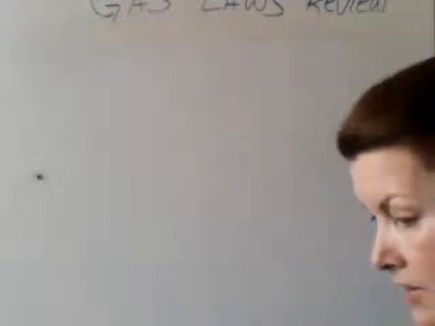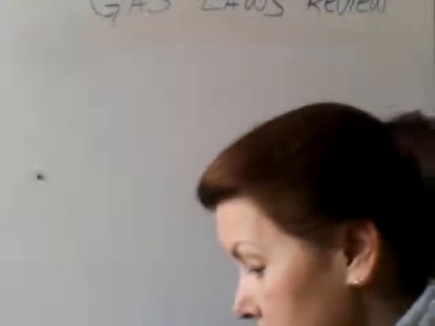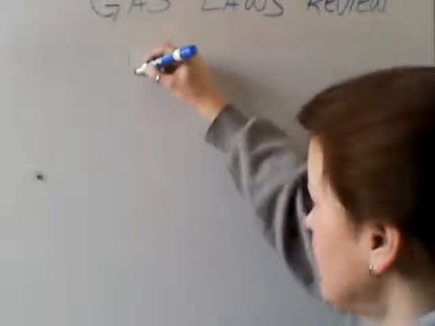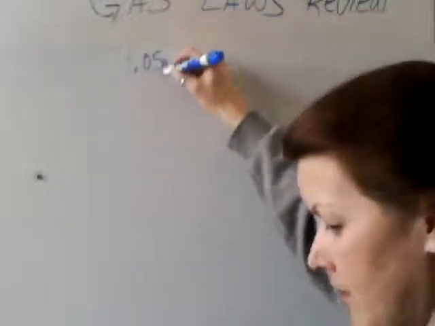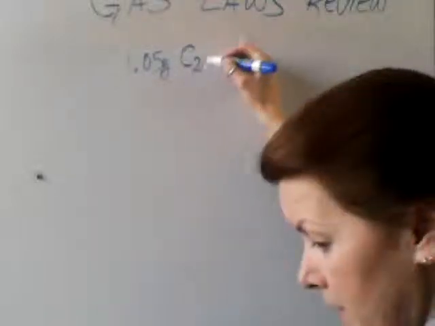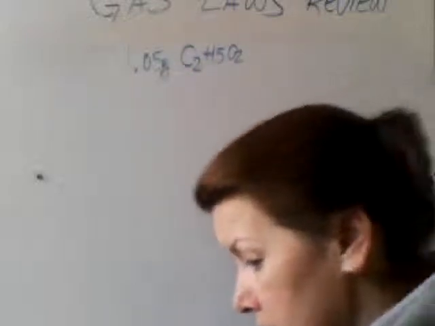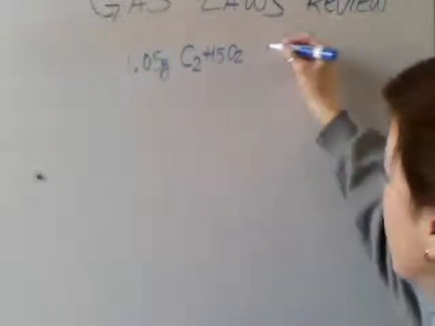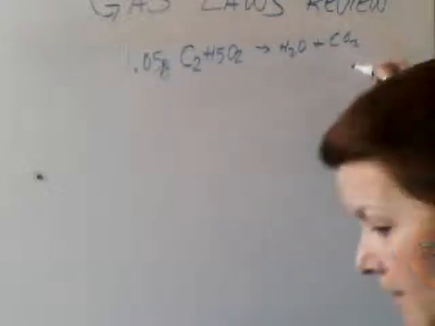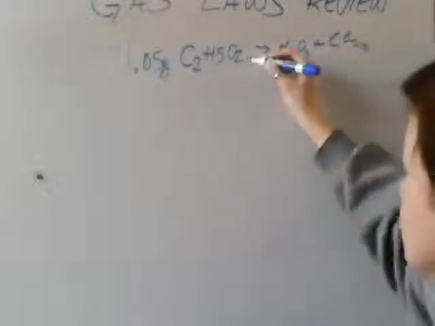In a combustion engine, we have combustion going on of a gas, and so complete combustion of 1.05 grams of ethylene glycol, which has a molecular formula of C2H5O2, produces a mixture of water and carbon dioxide, and those are all gases.